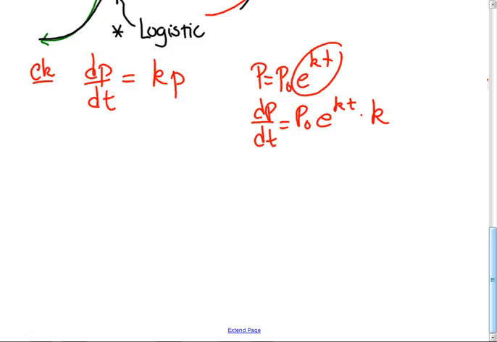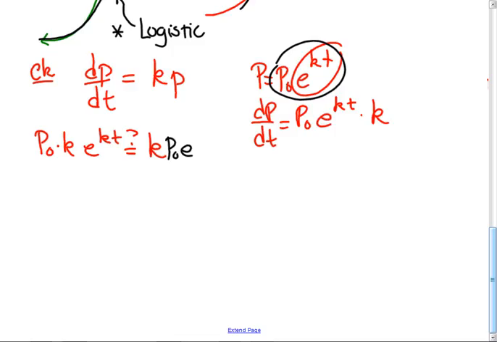And this is kind of what the homework looks like. So we're going to put this in on the left side. It's P naught, I'm going to put the k in the front, e to the kt. Is that equal to k times P? Well, P was right here, P naught e to the kt. Are those equal? Yes.